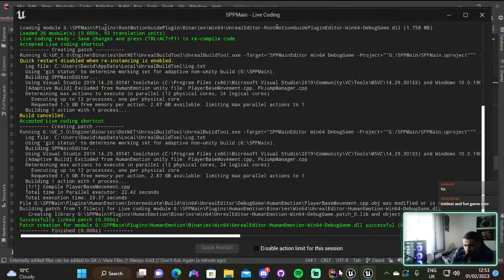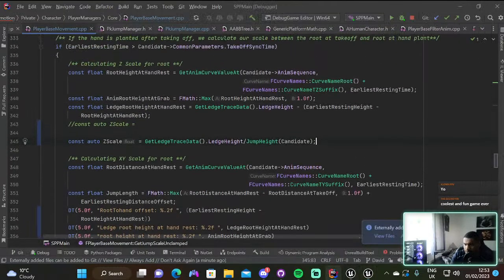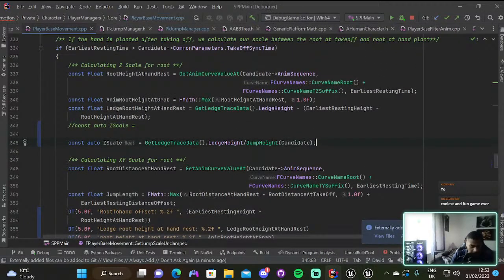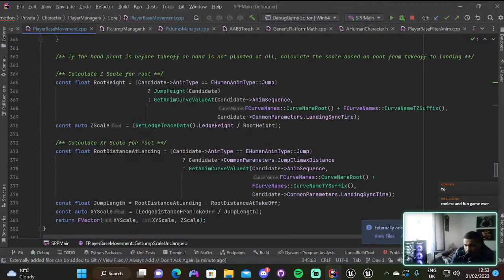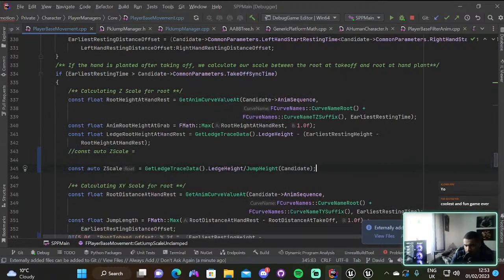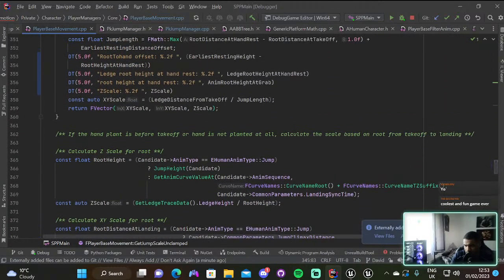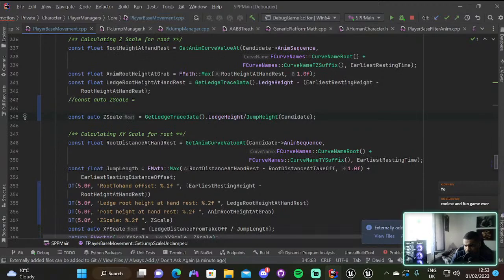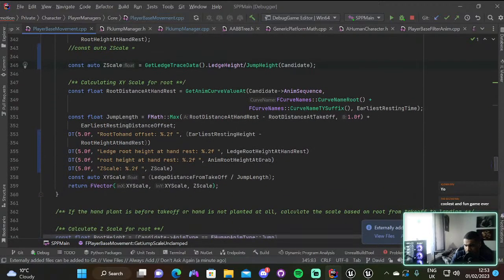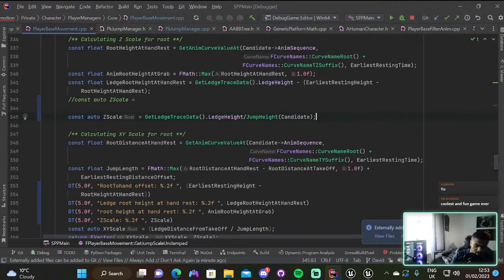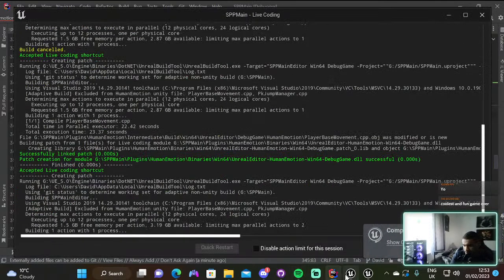What, the ledge height divided by jump height? How can it be so much? Whoa! Hold on a minute. That's humongous.